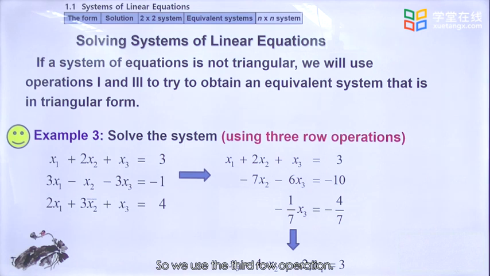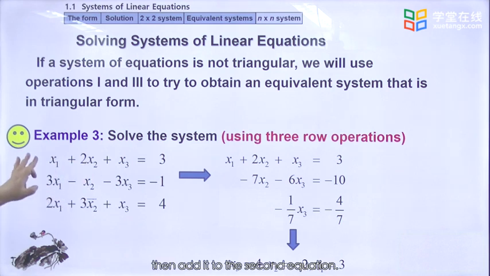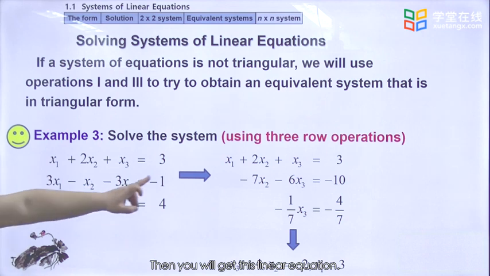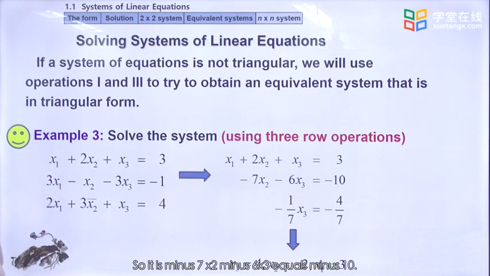So we use the third row operation. We multiply the first equation by minus 3, then add it to the second equation. Then you will get this linear equation. So it is minus 7x2 minus 6x3 equals minus 10.